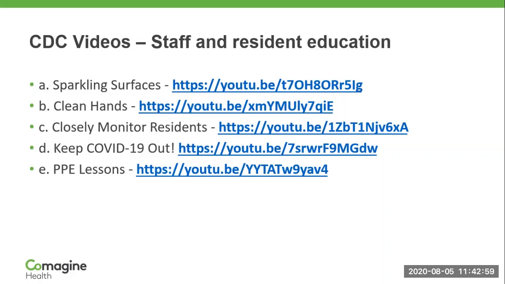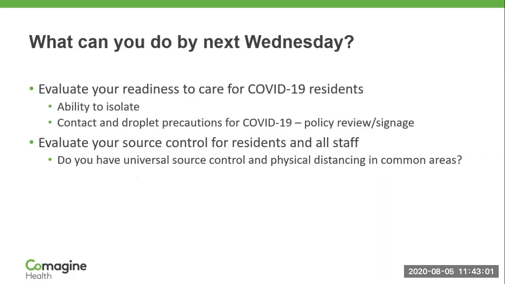Okay, next slide. I think that's all I have. Oh, what can you do by next Wednesday? So again, we're always looking at evaluating readiness. Do you have the ability to isolate? Do you have contact and droplet precaution policies? Do you have signage? Are you ready to go if you have a case?